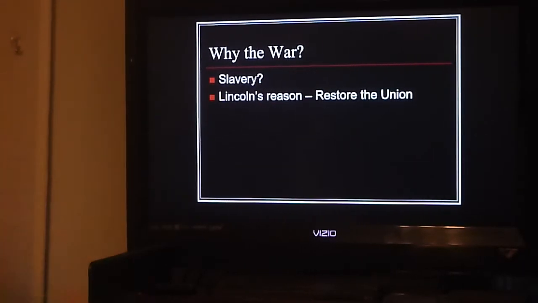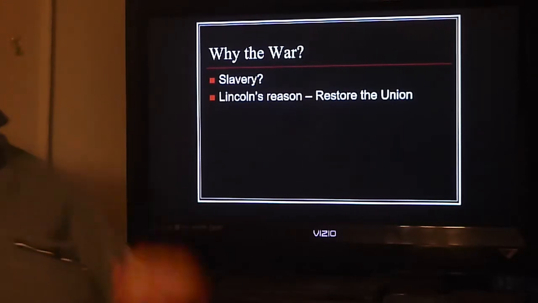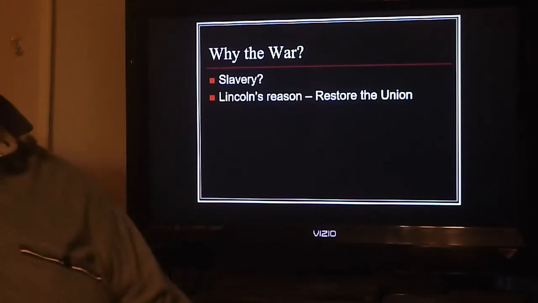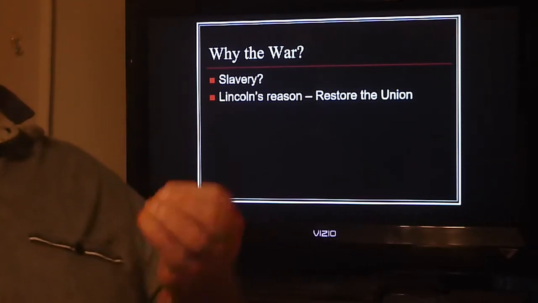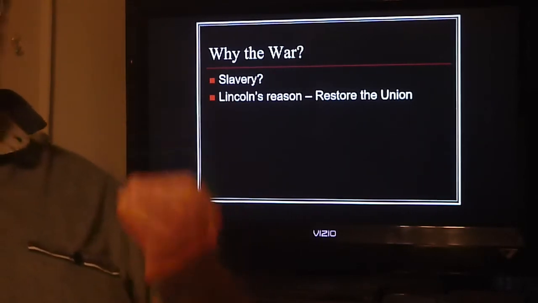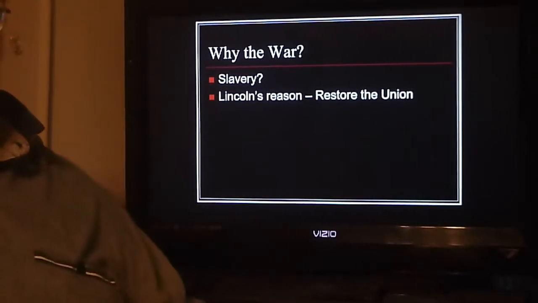Well, Lincoln's reason for starting the war was to stop secession. But Lincoln believed secession was illegal. And if secession was illegal, then the states have never left the Union. The states are still part of the Union. The problem is they've got a state government that's in rebellion.